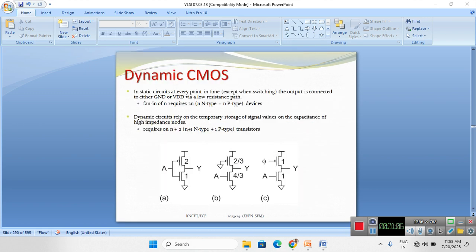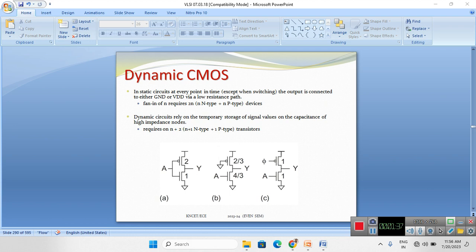Today we are going to discuss dynamic CMOS. Previously we studied two different types of CMOS logic. One is called static CMOS logic, and the other is called pseudo NMOS logic. The third logic is dynamic CMOS logic. So why are we moving from the previous two logics to this logic? The first logic is static CMOS logic.